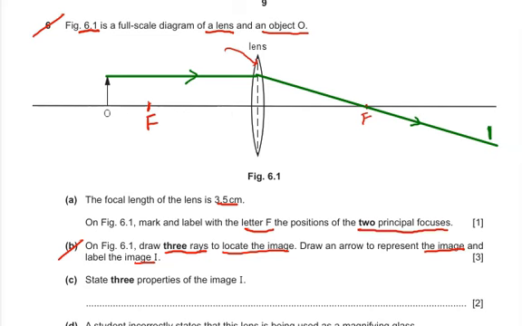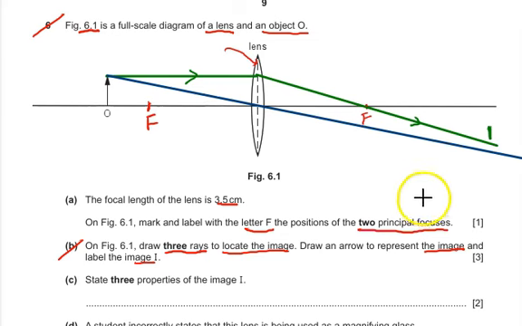Ray number 1, so this is the arrow. Then you have to draw the second line, which is exactly passing through the center. The center. This is number 3. This is ray number 3. Sorry, ray number 2.